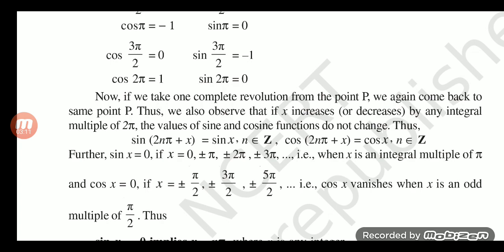Thus we also observe that if x increases or decreases by any integral multiple of 2 pi, the values of sine and cosine functions do not change. What are we talking about? If the value of x increases or decreases.